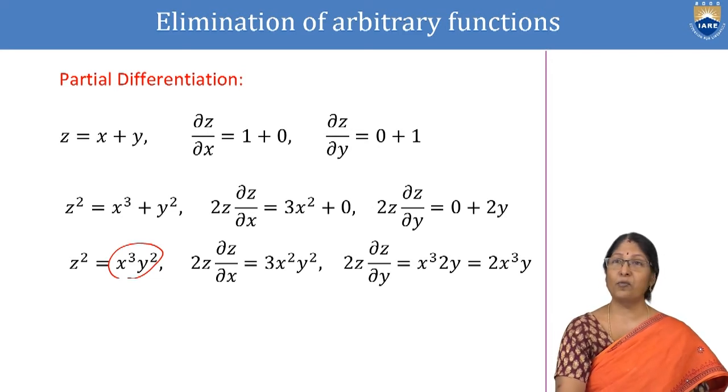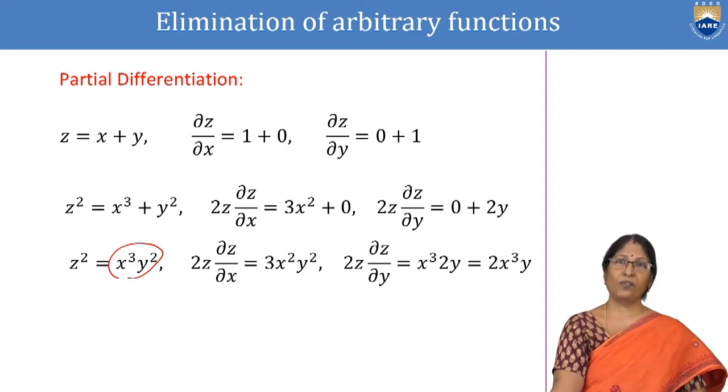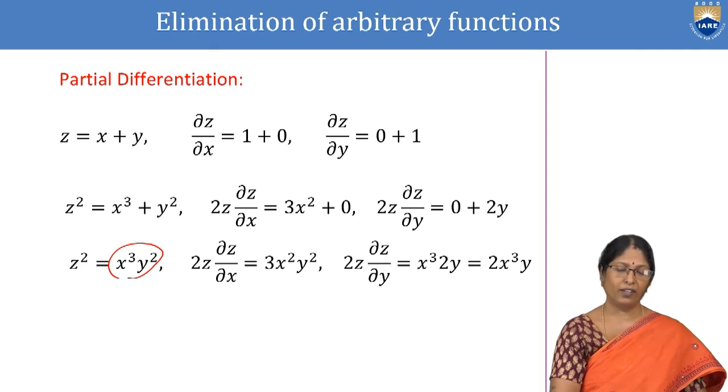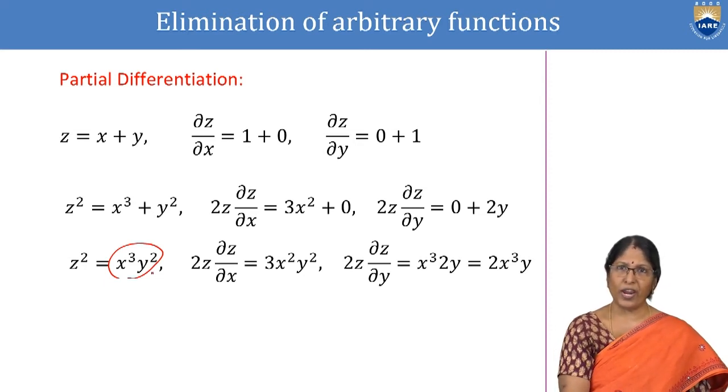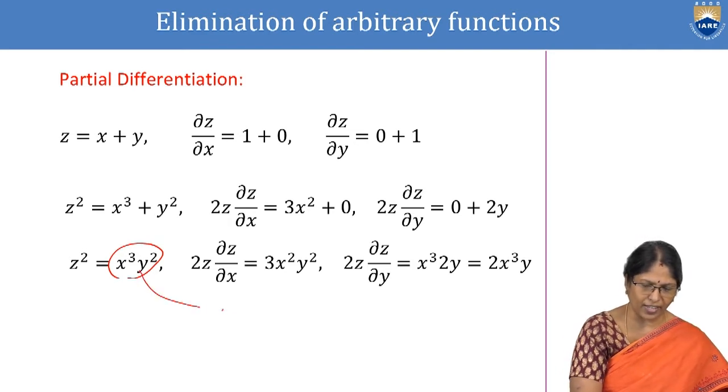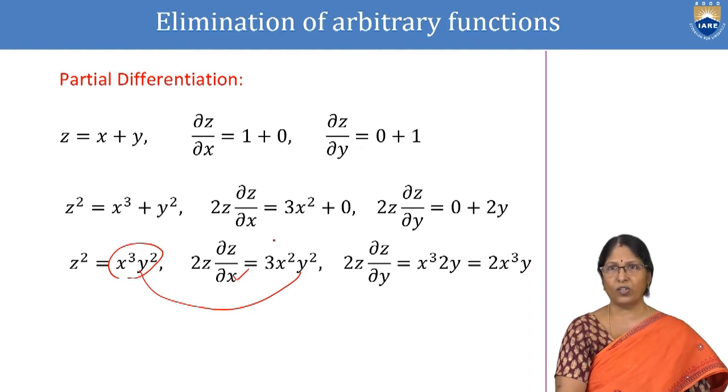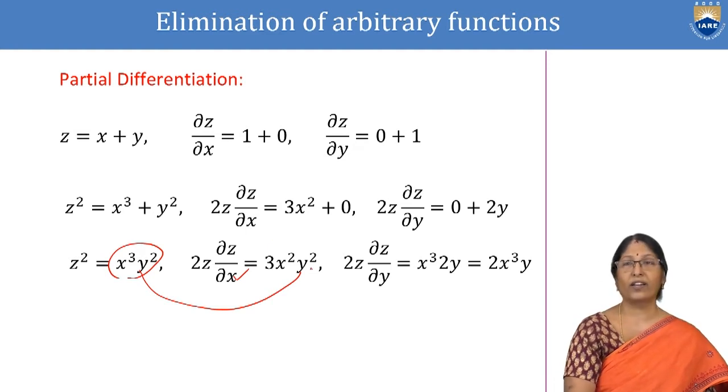These three examples, if the students are very clear about it, there is no careless mistake. It won't occur at all. So x cube y square, these two variables combined with the multiplication, that is the reason if we are concentrating on the variable x also, y square is written.